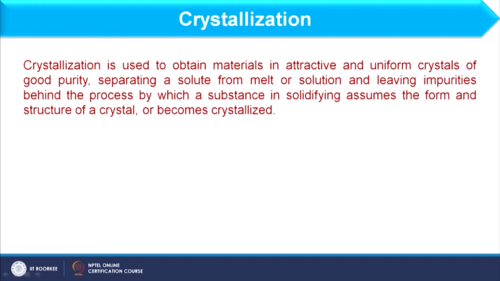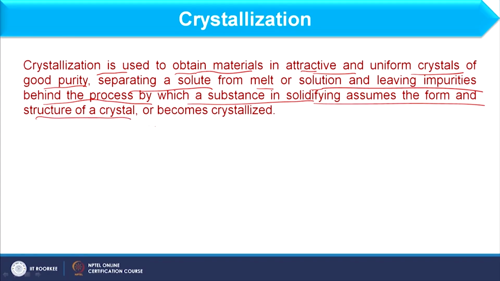Fine. So as far as the crystallization process is concerned, it is used to obtain material in attractive and uniform crystals of good purity, separating a solute from the melt or solution and leaving impurities behind, the process by which a substance in solidifying assumes the form and structure of a crystal or becomes crystallized.